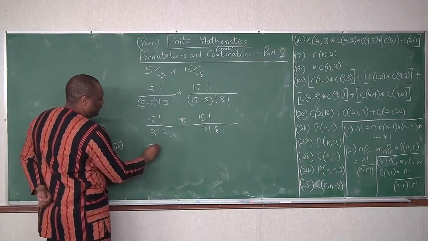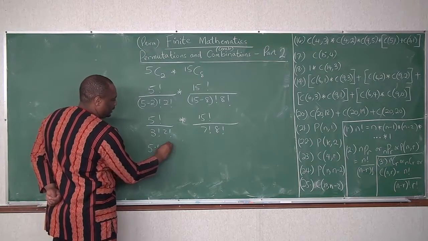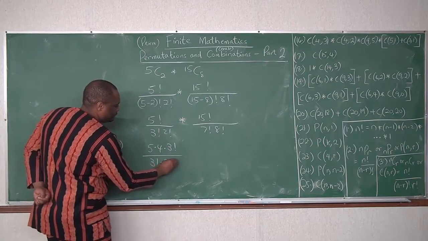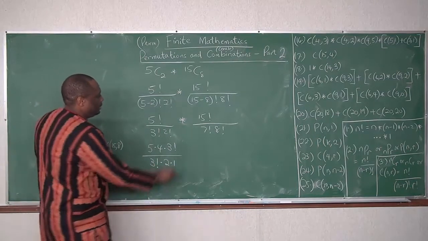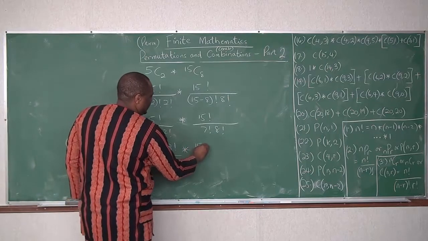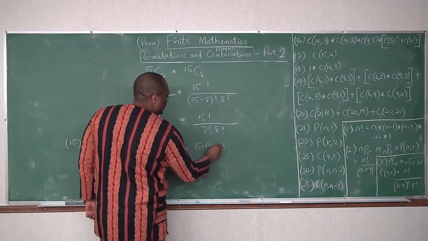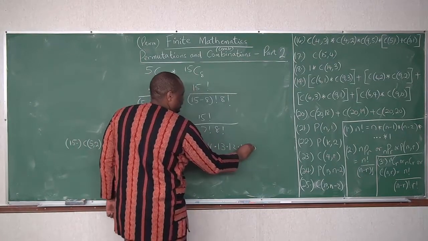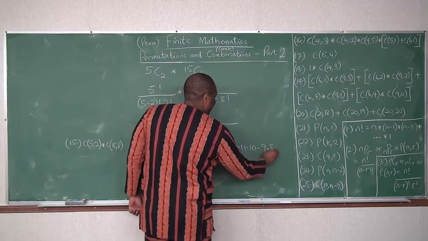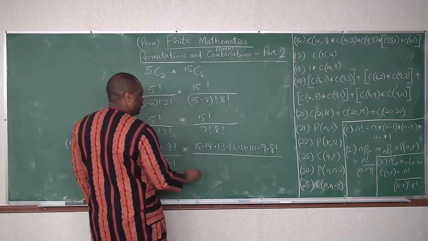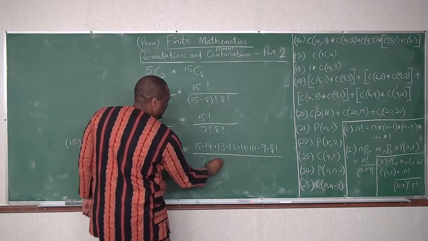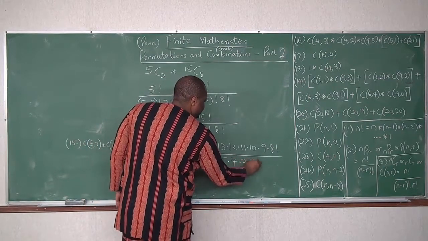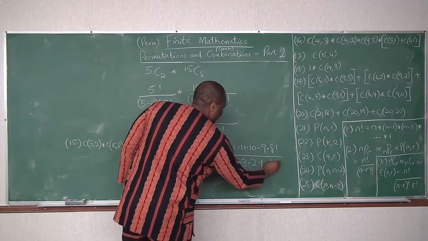So this is 5 times 4 times 3 factorial over 3 factorial times 2 times 1, times 15 times 14 times 13 times 12 times 11 times 10 times 9 times 8 factorial over 7 times 6 times 5 times 4 times 3 times 2 times 1 times 8 factorial.